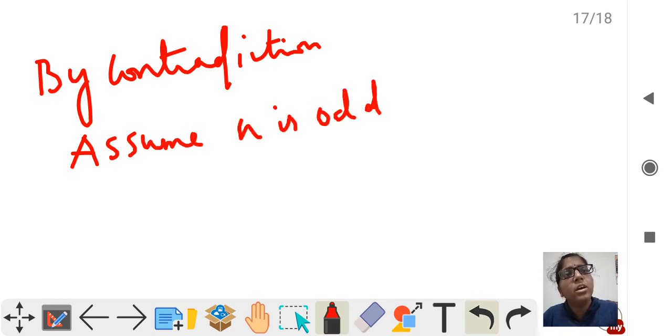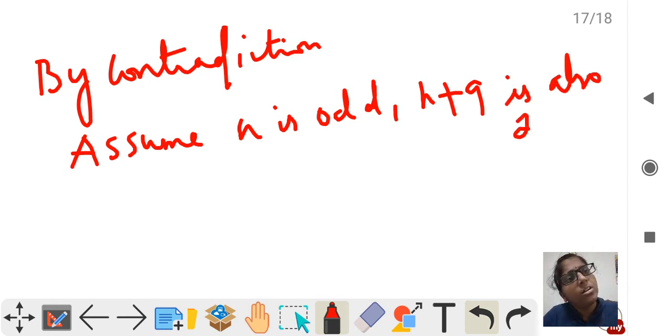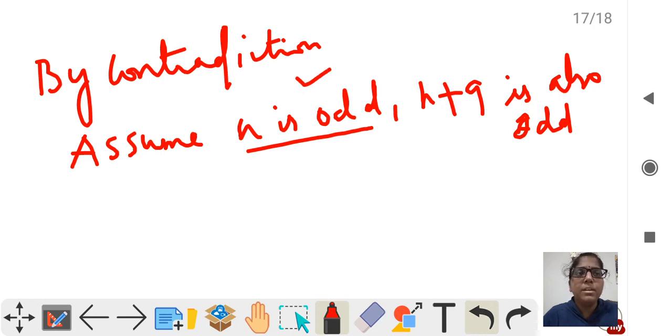Then we have to prove n plus 9 is even. But we are going to assume that n is odd and n plus 9 is also odd. We are going to get a contradiction for this result. What we have assumed is n is odd, but n plus 9 is also odd.